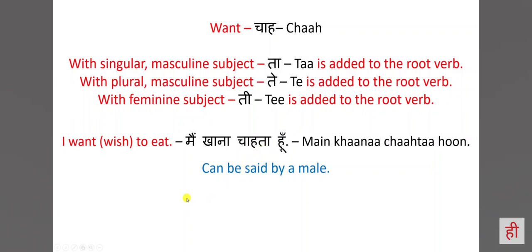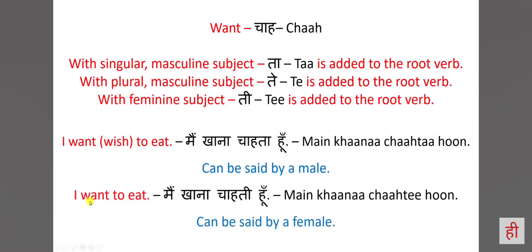Next, I want to eat. मैं खाना चाहती हूँ. मैं is I, खाना is to eat, चाह is want, ती is according to the subject, and हूँ is the be verb representing the tense, which is once again according to the subject.